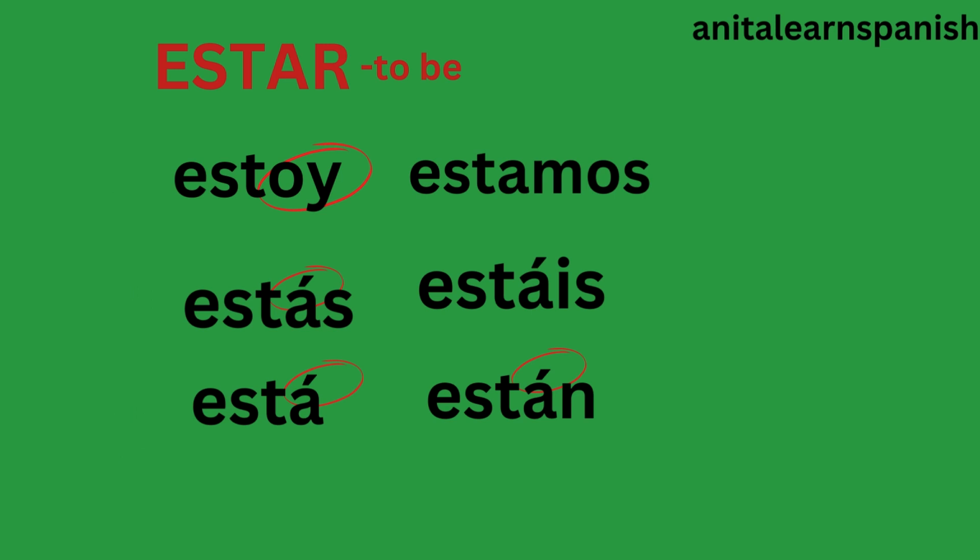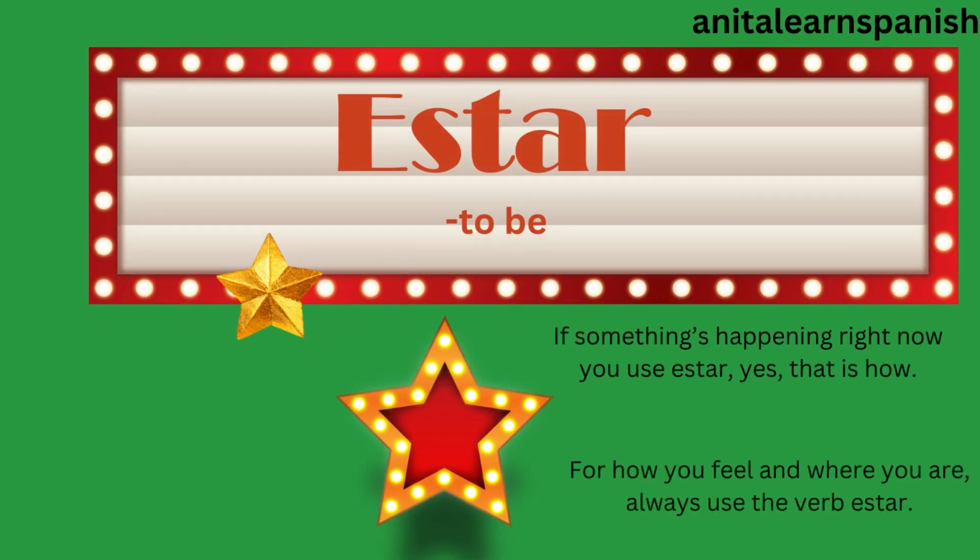So here is when we use the verb estar, because ser also means to be. When are we going to use estar? Well, if something's happening right now, you use estar. For how you feel and where you are, always use the verb estar.